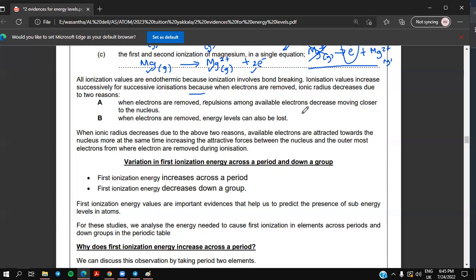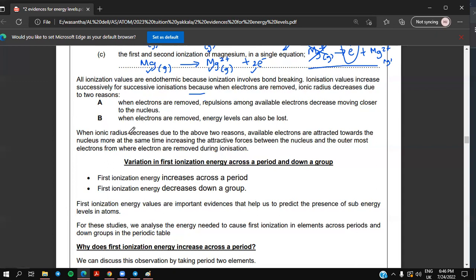And also, in some cases, when you go on removing electrons, at a point you will see you are entering the inner energy level because outer electrons have been completely pulled out. So when you go to an inner energy level, then energy levels are fewer, electrons are more attracted towards the nucleus, and the size of atoms will be smaller.